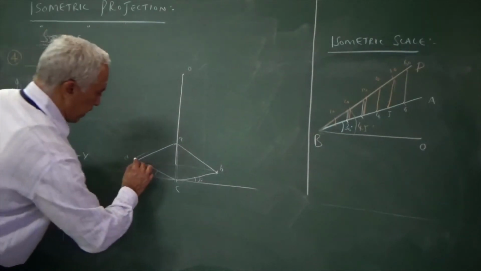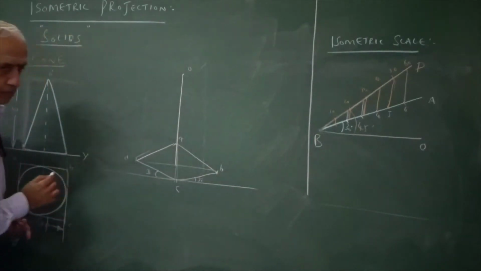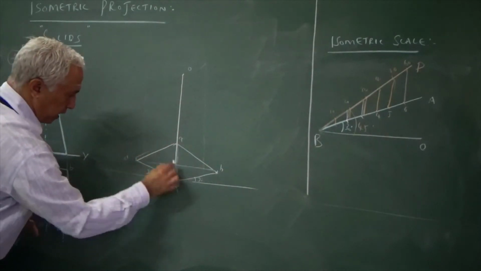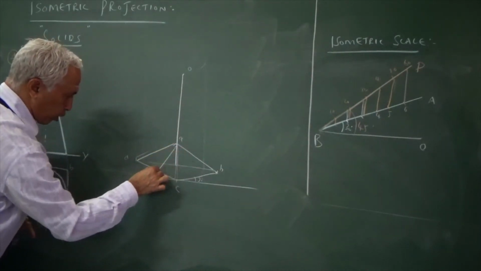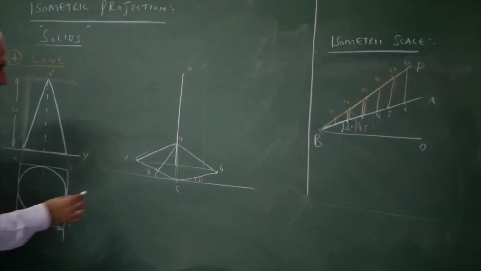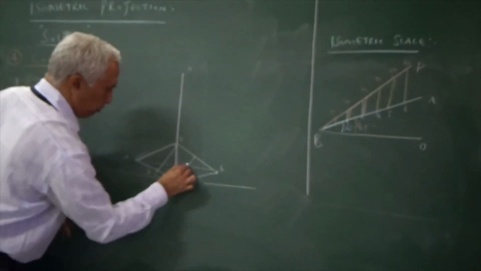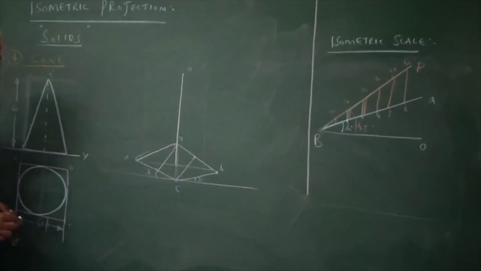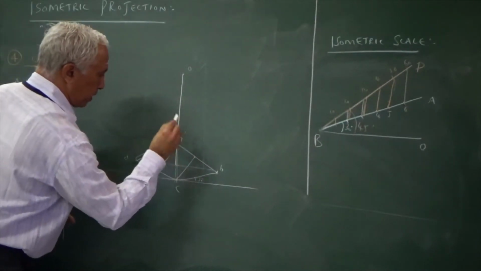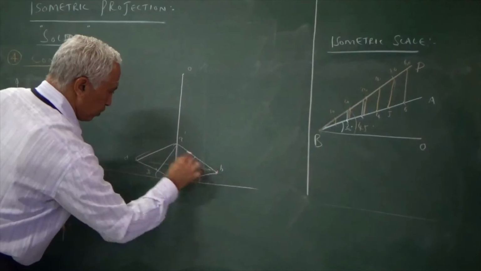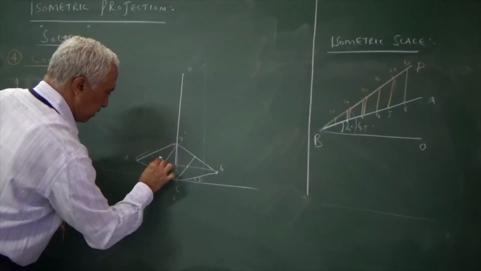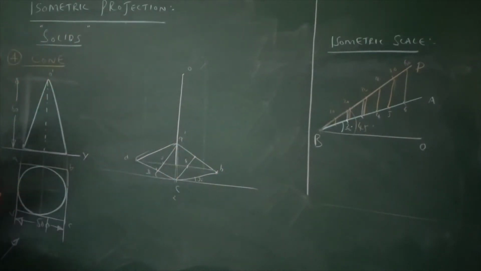So join the longer diagonal BD. From A, draw a line which joins the midpoint of CD. From C, draw a line which joins to the midpoint of AB. So A is center number 1, C center number 2, and on the longer diagonal I have center 3 and center 4.